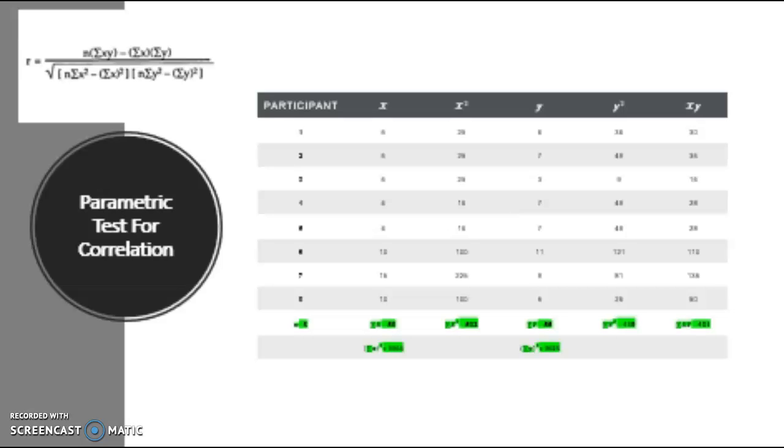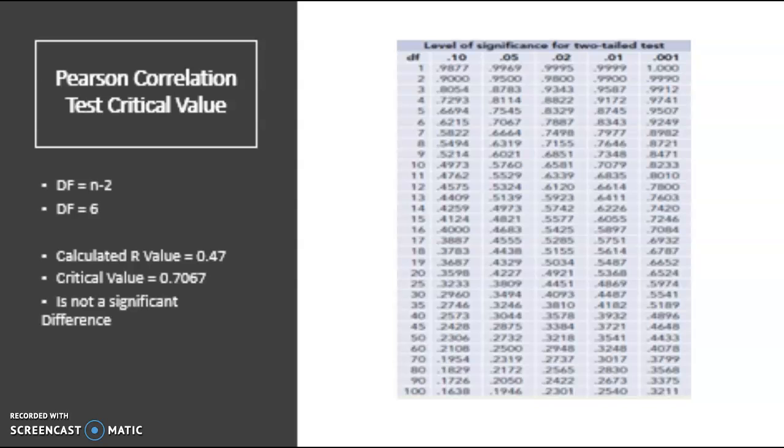So then I have 8 participants. I did all the calculations, giving me the results on the bottom. I then put all of those into the equation, which gave me 0.47. And because we have 8 participants, we minus the 2, which gives us the 6.